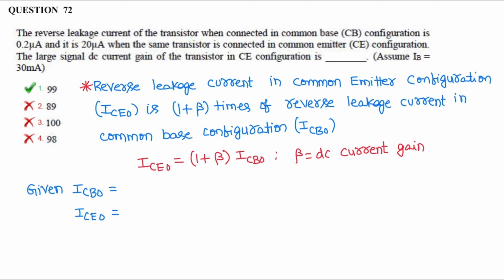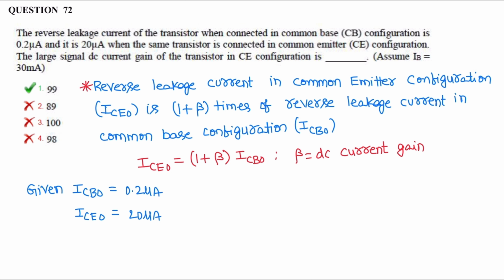Question number 72. The reverse leakage current of the transistor when connected in common base configuration is 0.2 microampere and it is 20 microampere when the same transistor is connected in common collector configuration. The large signal DC current gain of the transistor in CE configuration is dash. Here the reverse leakage current in common base configuration is ICBO, given as 0.2 microampere, and the reverse leakage current in common emitter configuration is 20 microampere.